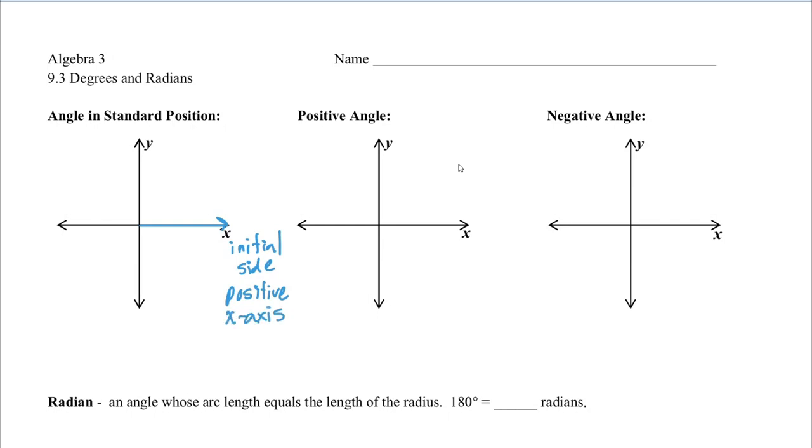So that is always going to be our starting point for any of these angles. Okay, and we're typically speaking going to go counterclockwise, okay? And so where our other side of our angle ends up, we call that our terminal side.